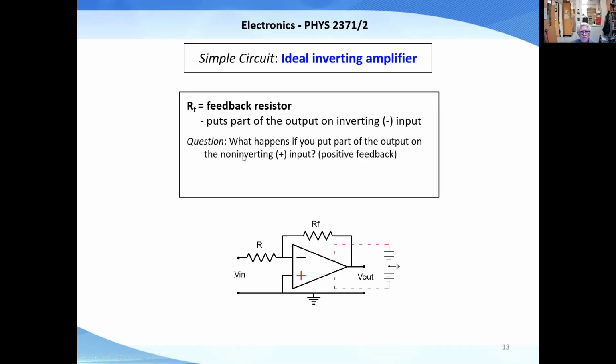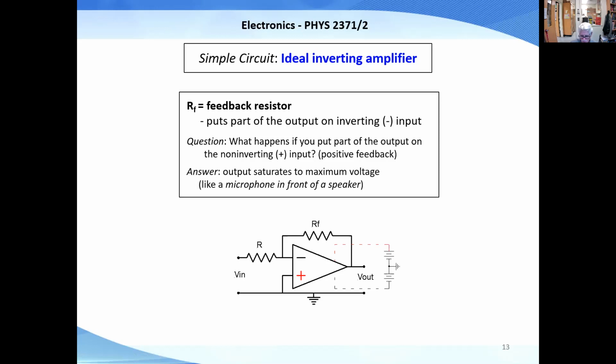What happens if this was turned around and you tried to put some of the output onto the positive one? You get positive feedback. That's what everybody probably has seen when you have a microphone in front of a speaker, right? A little bit of sound coming out of the speaker goes into the microphone.